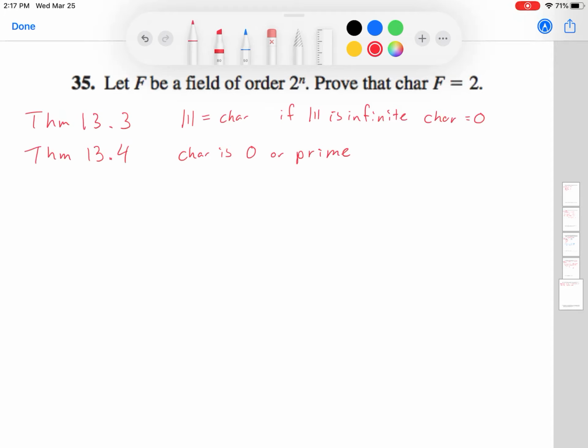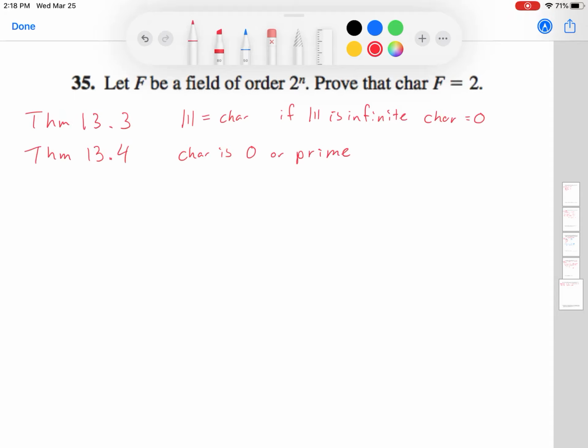So, what are some things we know? What is the order of 1? Is it infinite or is it finite? Well, we have a field that has a finite order of 2 to the n. So if our field has a finite order, then the order of 1 has to be finite.